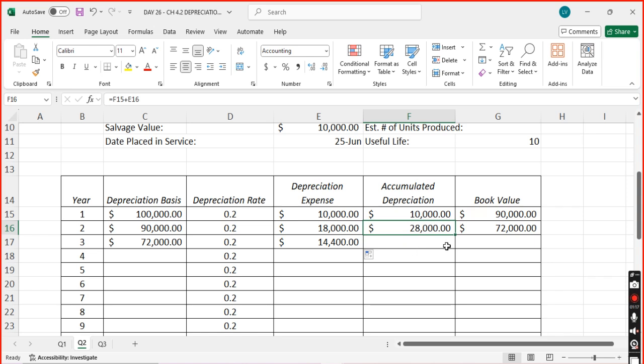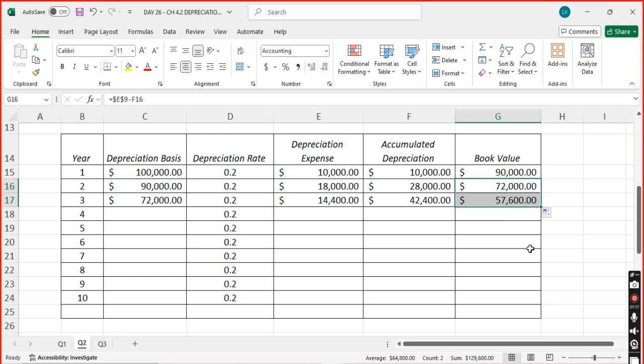So therefore, my accumulated depreciation is going to be 42,400, giving you your ending book value for year 3 to be 57,600.